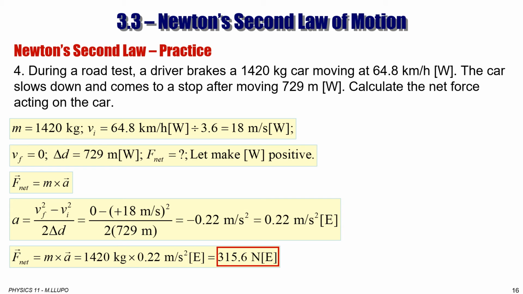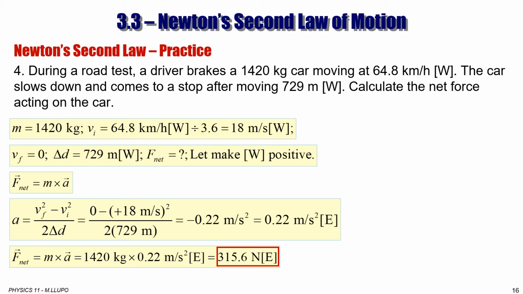As a matter of fact, if you want to make sense out of this problem, you'll see that when a car starts braking, the force of friction slows it down.